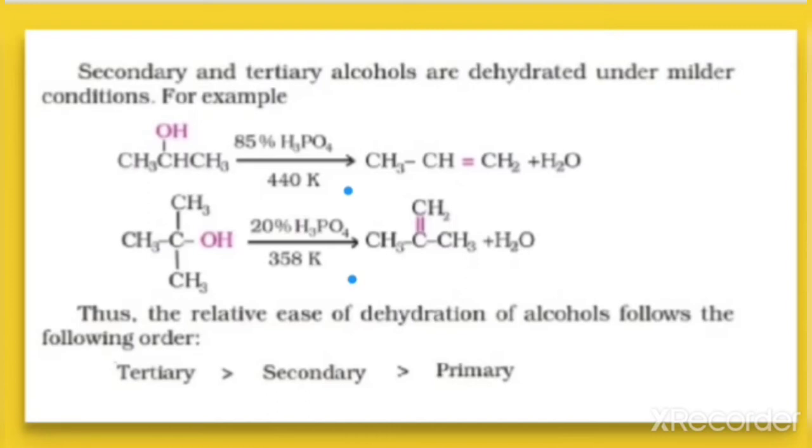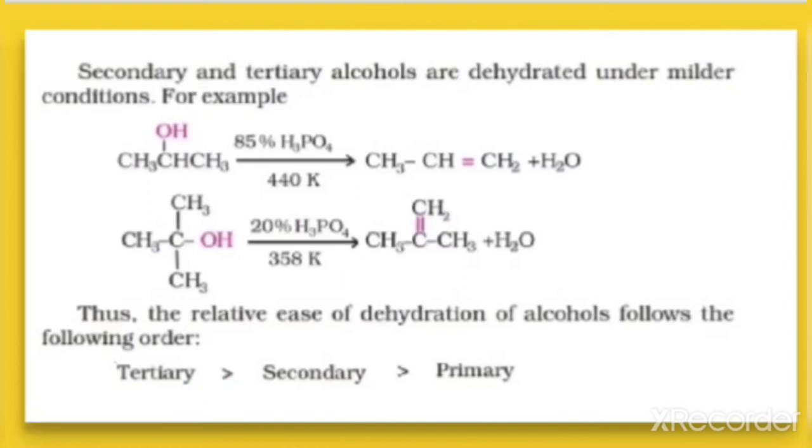So why does it happen? Why do secondary and tertiary alcohols undergo dehydration in much milder conditions? Because we have learned that tertiary is more reactive than secondary, and secondary more than primary.